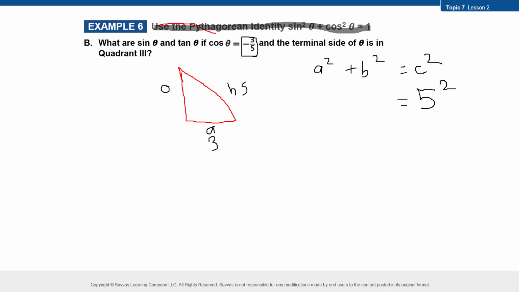I don't know what my a squared is, but I know my b squared is 3 squared. So my b squared is 9, and my c squared is 25.